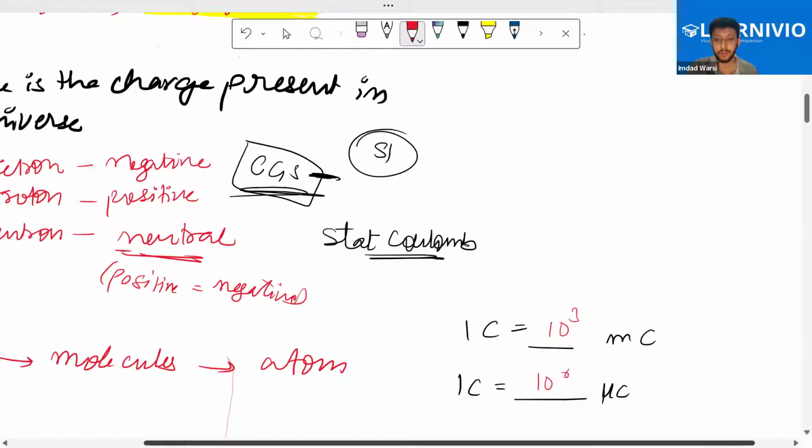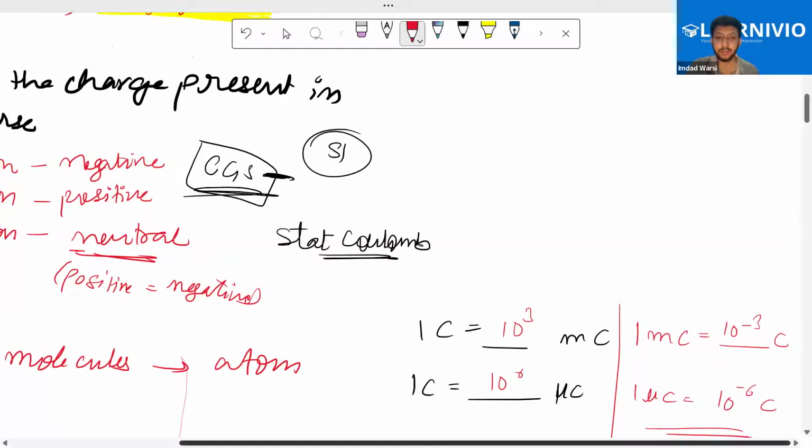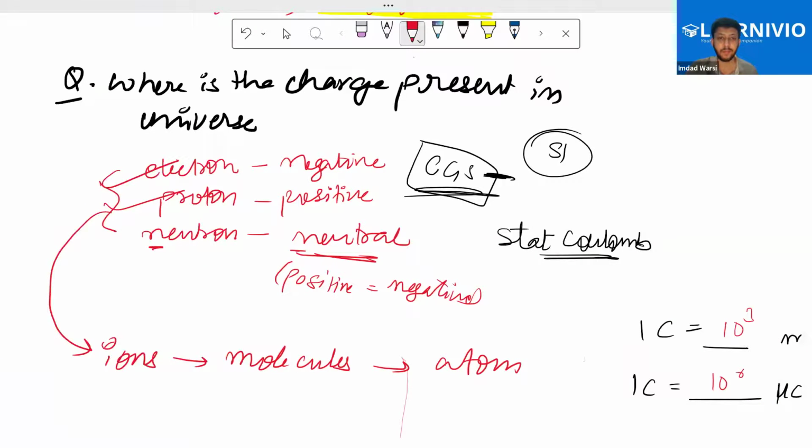Now tell me, 1 microcoulomb is equal to how many coulomb? 10 to the power minus 6. Similarly, 1 millicoulomb is equal to 10 to the power minus 3 coulomb. Easy, right? Nothing difficult.